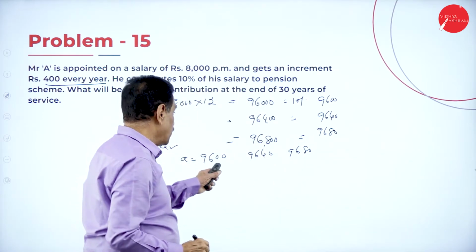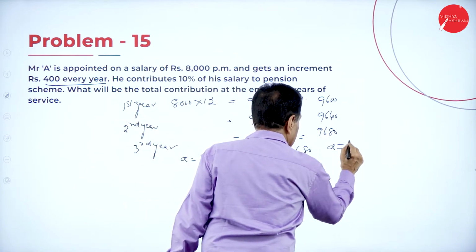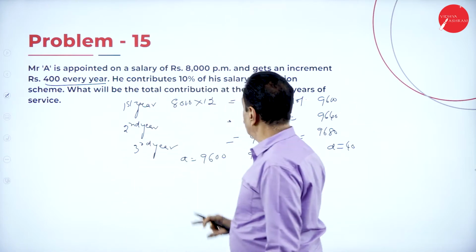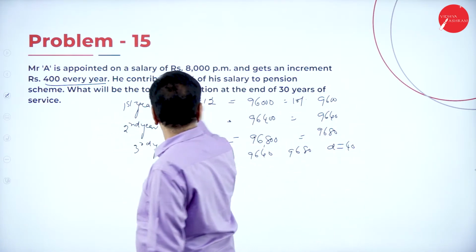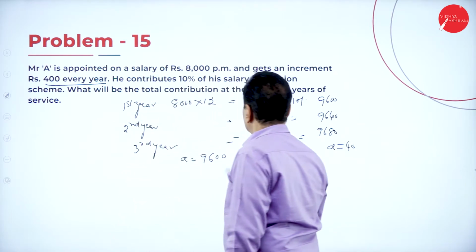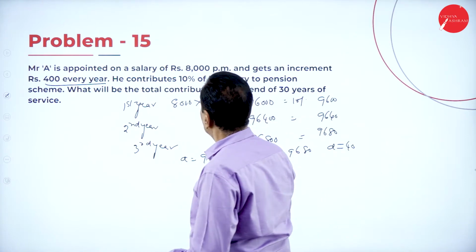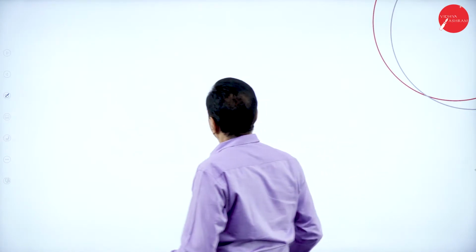So D is 40, the difference. What is the first year contribution? 9,600 rupees every year. So what he wants is the total contribution at the end of 30 years.